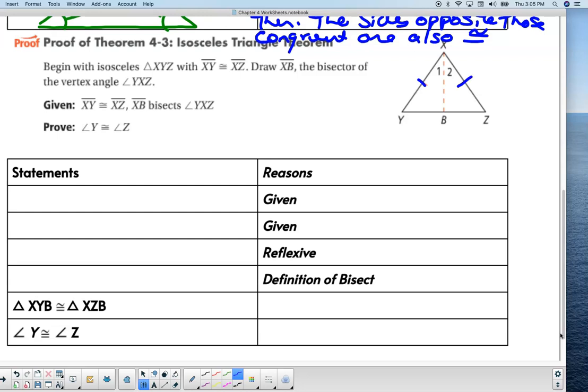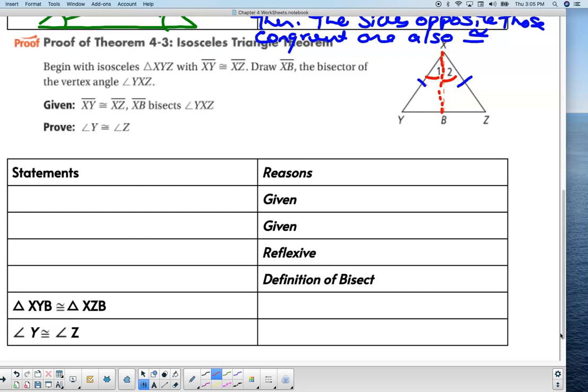We're going to draw in segment XB, the bisector of the vertex angle. So I have this that bisects the angle, creating angle 1 and angle 2.